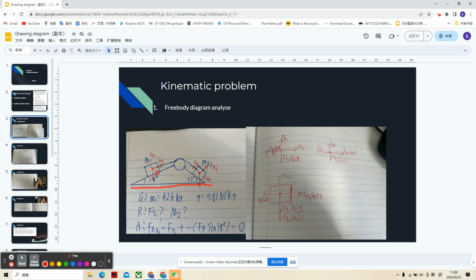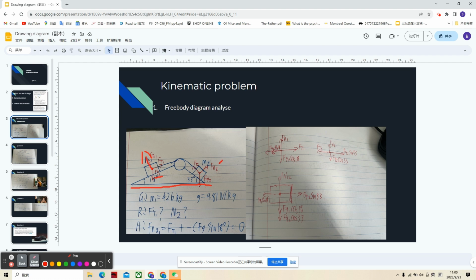It has FG1 pointing downward, FN1, the normal force, which is perpendicular to the surface, and the force of tension, which points to the right since it's tied up to the right side.